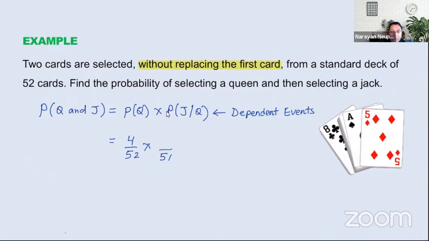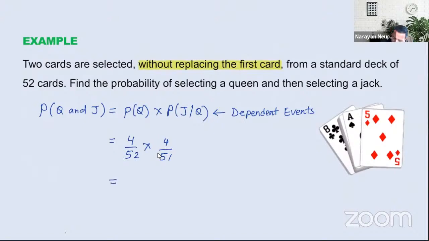Now the second one, we are looking for the probability of jack. You pulled a queen, so 4 jacks are still there out of 51. So the probability of jack will be 4 out of 51. See, the second probability depends on the first because the total number has changed. For the first one, the probability was 4 out of 52, but for the second, it is 4 out of 51. So that is why these 2 events are dependent events.